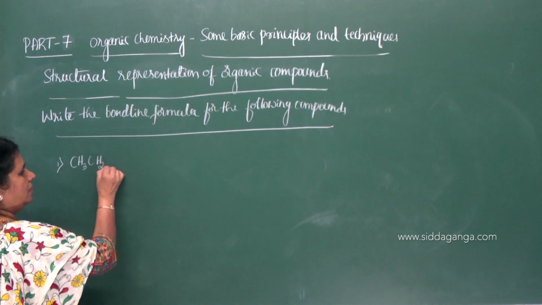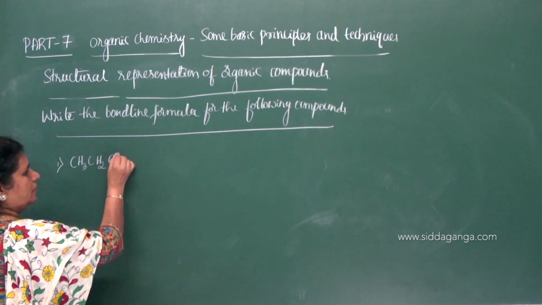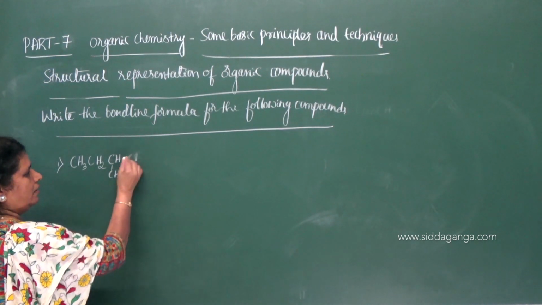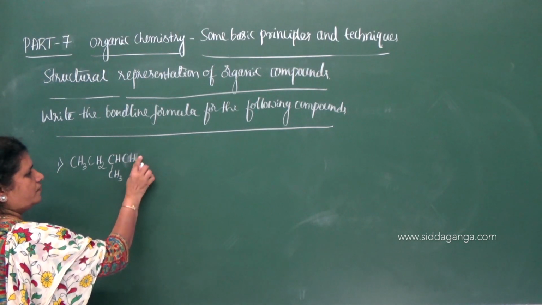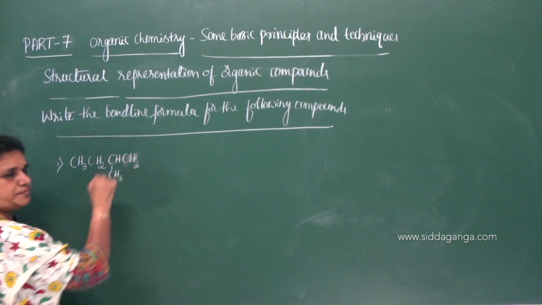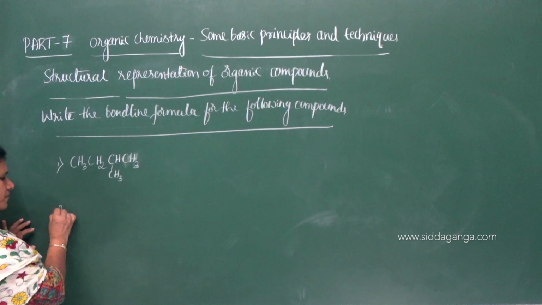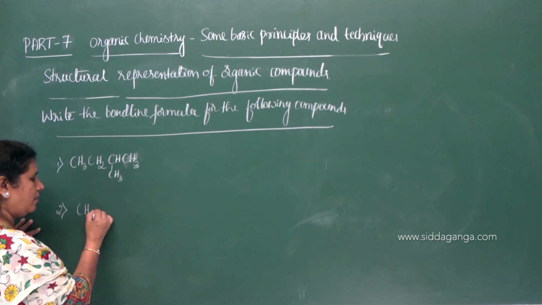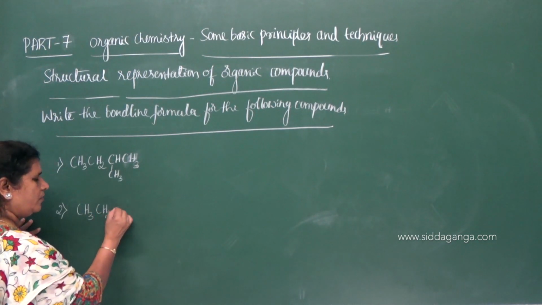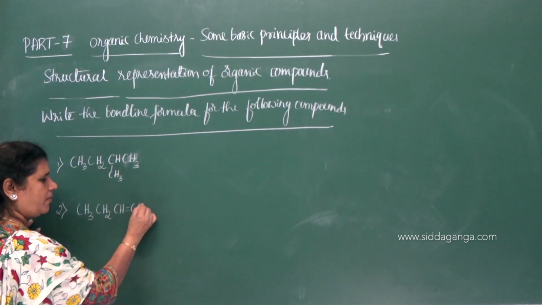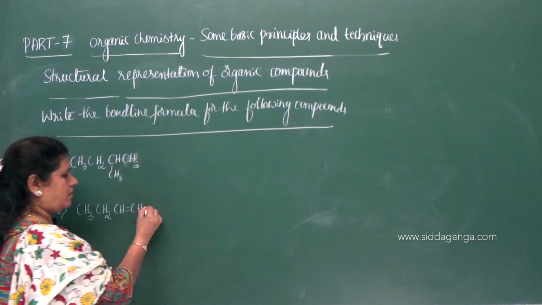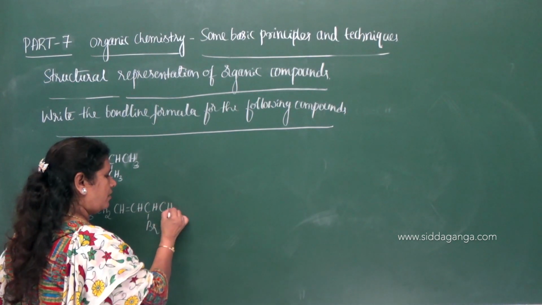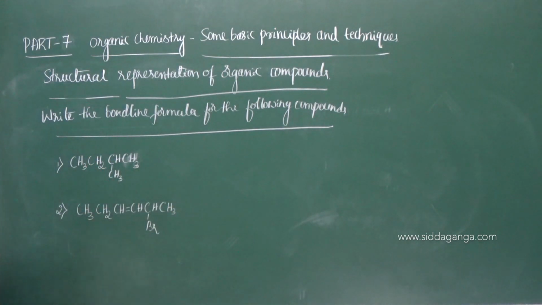CH3, CH2, CH3, CH3. Second one: CH3, CH2, CH double bond CH, CHBr, CH3.